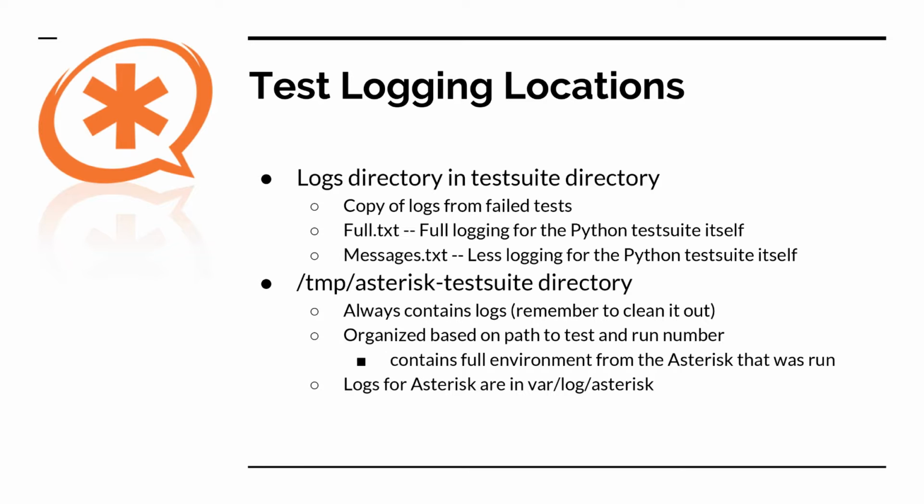So if something went wrong in the Python code of the test, that'll be in the logs directory there. If Asterisk logs something that went wrong, that will actually be in the tmp Asterisk test suite directory. Although there is a mechanism that if a particular test fails, it'll put a copy of the logs from the failed test in a subdirectory in the logs directory.